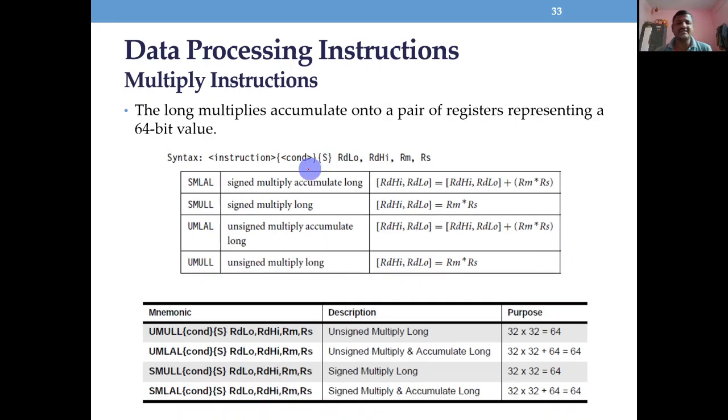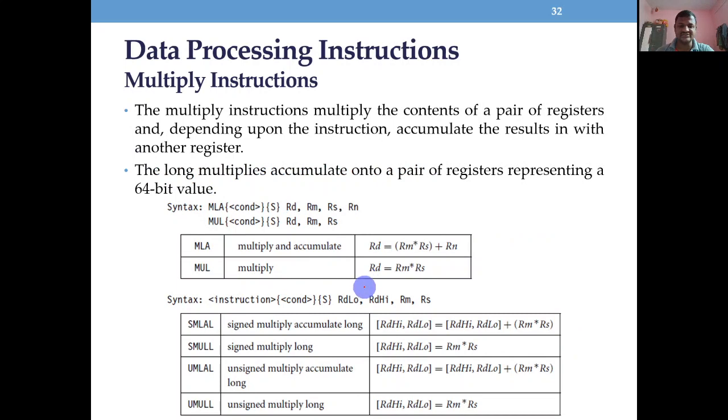Now one more remaining, that is signed multiply long. Here we get the result in 64 bit, because 32 into 32 gives 64 bit. Here 32 into 32 plus 64, the result is 64 bit. Again SMULL is also 64, and signed multiply and accumulate is also 64. All answers will be 64 bit.